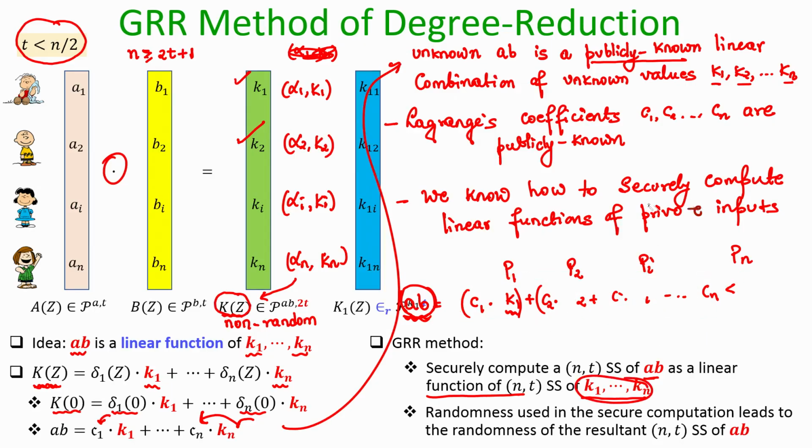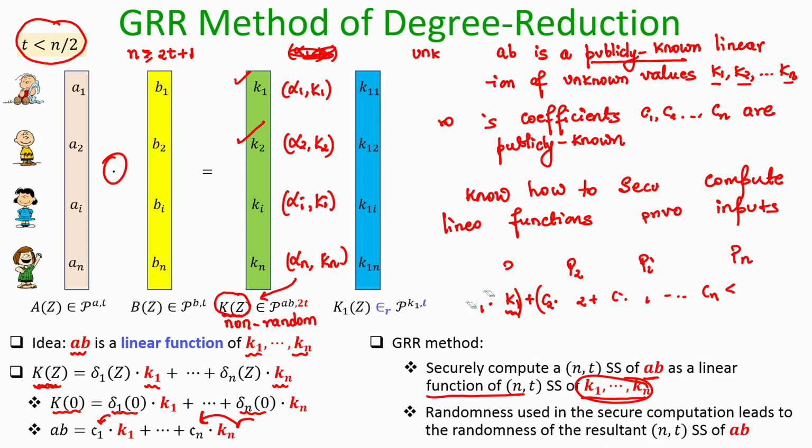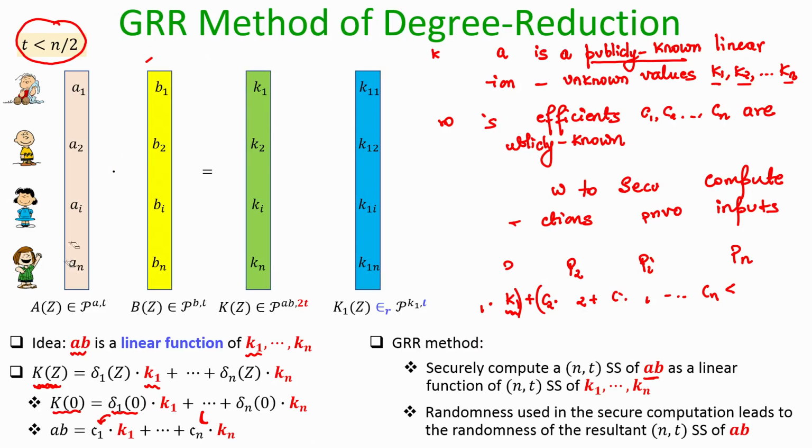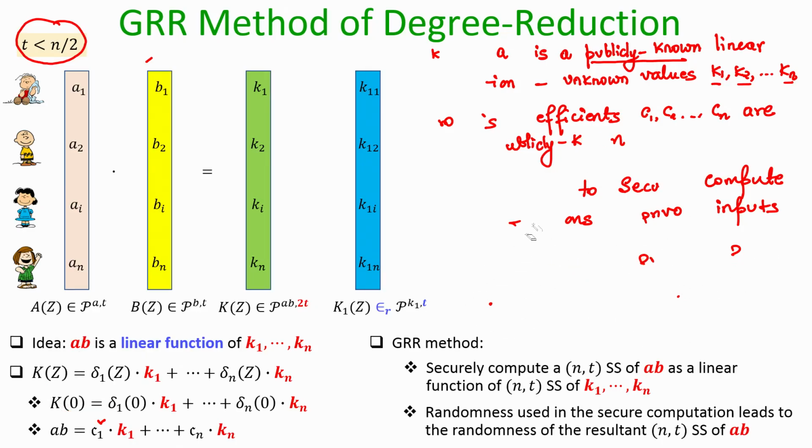Okay. So, now let us see what exactly happens in the GRR degree reduction method based on whatever we have discussed till now. So, we want to securely compute a publicly known linear function of k1, k2, ki and kn, and since it is a linear function, we know how to securely compute it.